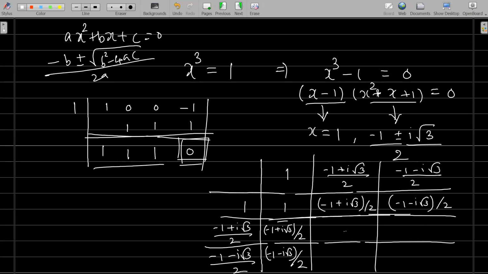What about this element? Minus 1 minus i root 3 by 2.